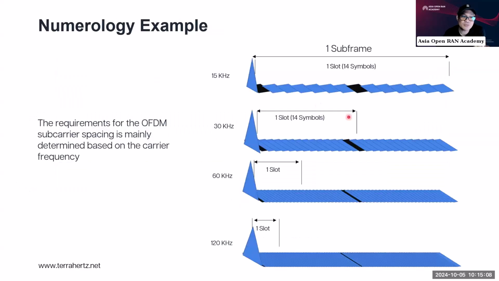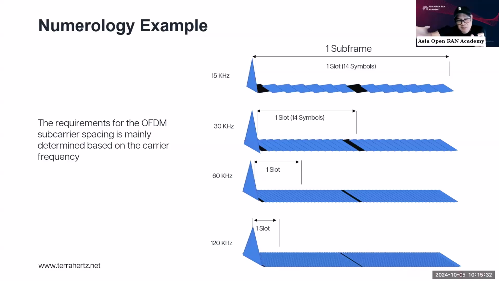Yan. So ang numerology is yung subcarrier spacing lang, 15 kilohertz, 30, 60, and 120. And then meron tayong mga subframe na mayroong 14 slots sa isang subframe. You will see, habang lumalaki yung numerology, dumadami yung mga symbols in one subframe, no?